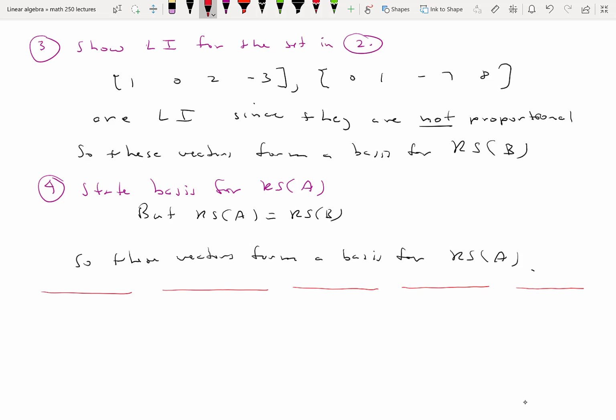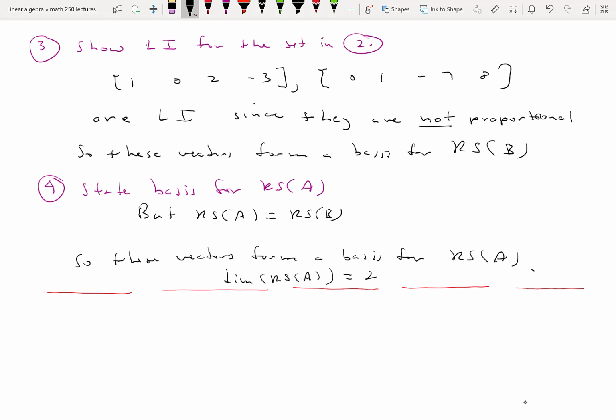Okay. So before I do that, what is the dimension of the row space of A then? How many vectors are in the basis for the row space? It is 2. Okay.